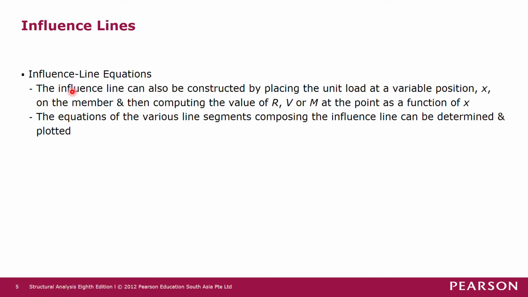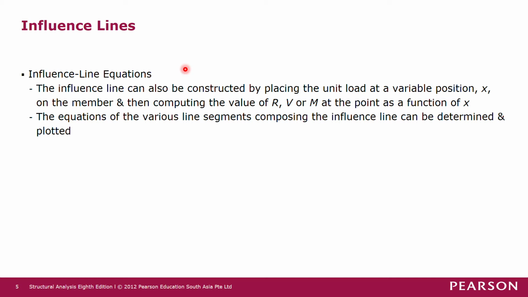If we want to write the equations for the influence line, then the influence line can also be constructed by placing the unit load at a variable position x. So now we don't fix x. Just now in the method of tabulated values, we fixed the load at different points, meaning that we put the unit load at one point, and then we put another unit load at another point, and so on and so forth.